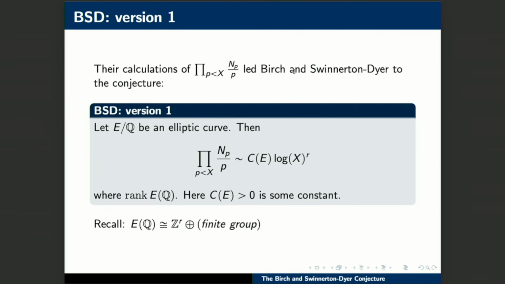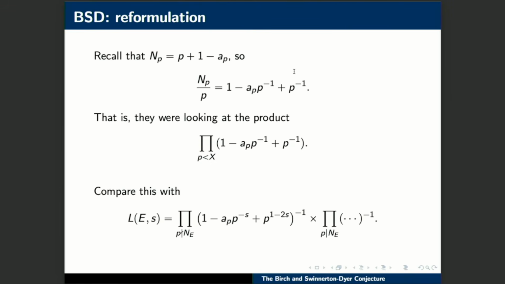So where do we get to the actual formulation? They also reformulated their conjecture. One way to think about that reformulation is, they were looking at this product of N_p over p, which, if I use my formula for N_p as 1 plus p minus a_p, you get a quantity like this. And so they were looking at a product of these expressions over primes.